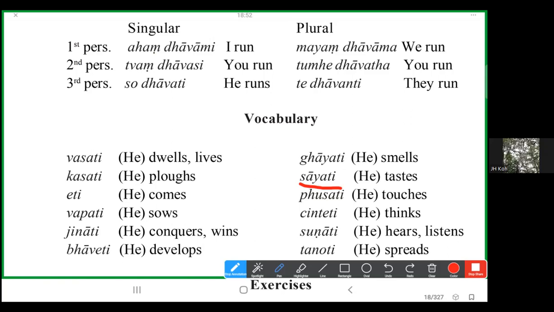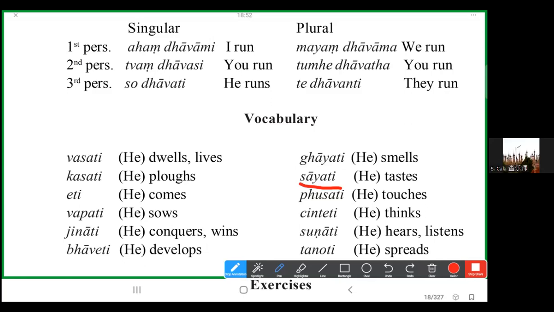Okay, please try again. So sayati, te sayanti, tuam sayasi, tumhe sayata, aham sayami, mayam sayama.